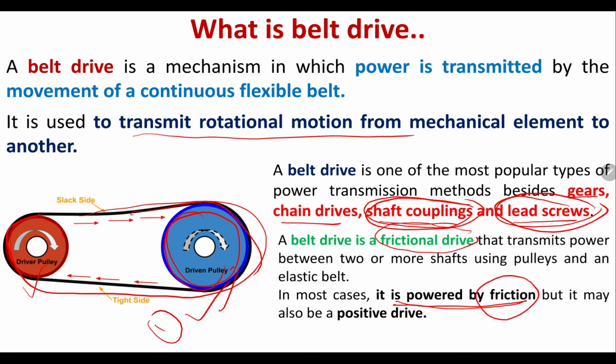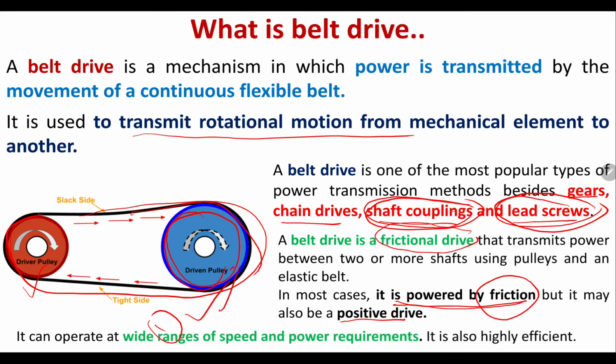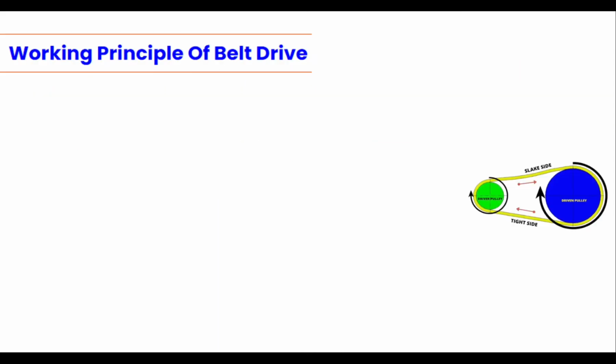But if friction is not utilized, then it may also be known as a positive drive. Certain belts are used which run without friction, and they are called a positive drive. Belt drives can operate at wide ranges of speed and power requirement, and they are very highly efficient. So these are the fundamental things related to the belt drive.